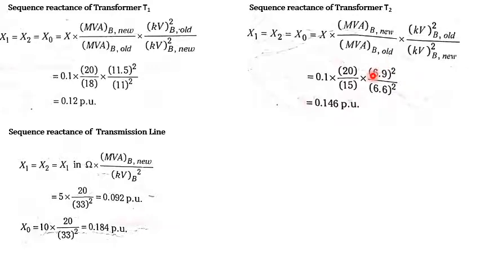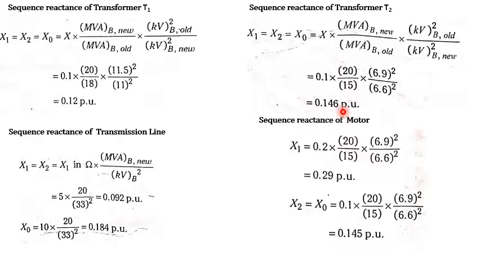The old value is 6.9 on the transformer side, and for the motor side this is 6.6, square of that value, we'll get 1.146 per unit. And similarly for the motor, X1 is 0.2, and the X2 and X0 values are given.